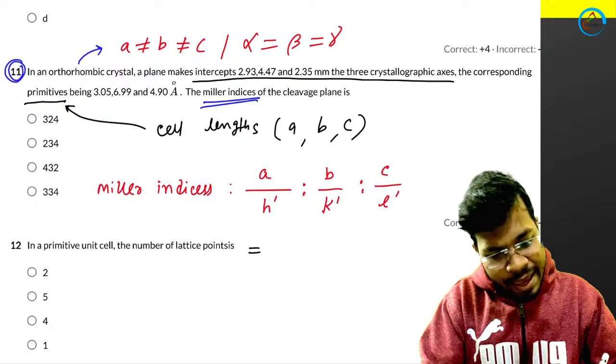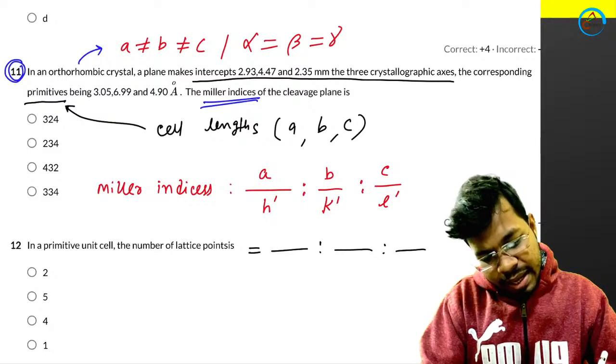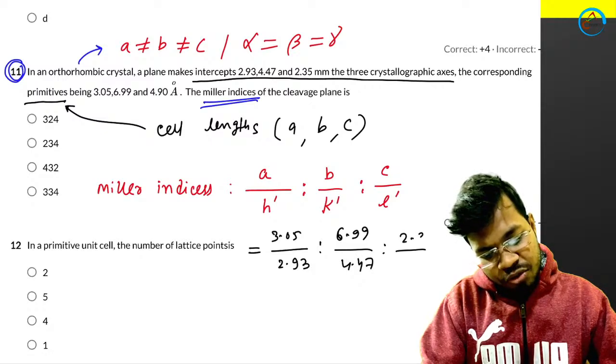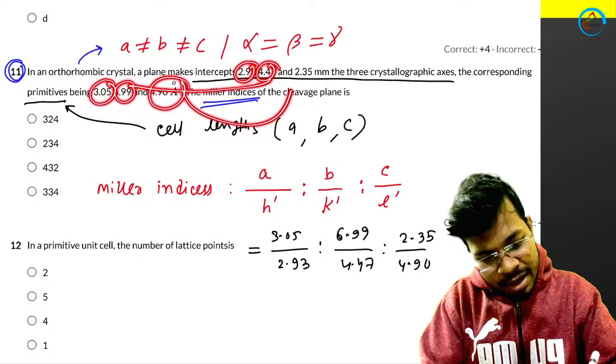Just put the value of a: 3.05 divided by 2.93, then 6.99 divided by 4.47, and finally 2.35 divided by 4.90. So these divided by this, these divided by this, finally these divided by this.